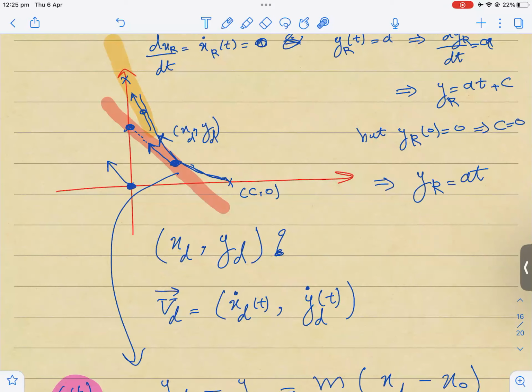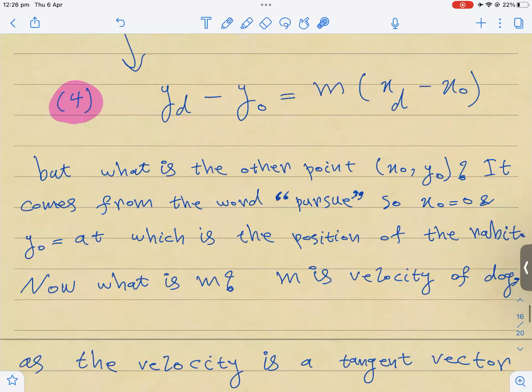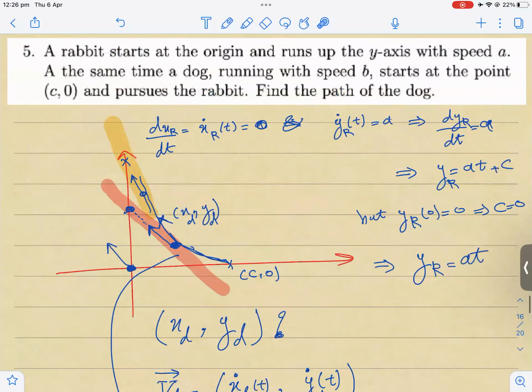I can use this point: X0 of this point is 0 and Y0 is 80. So I choose Y0 as 80 and X0 as 0, because I use this point as the second point.